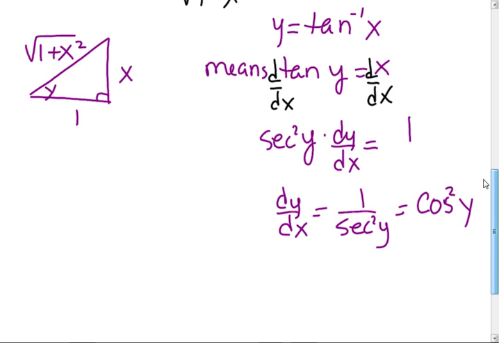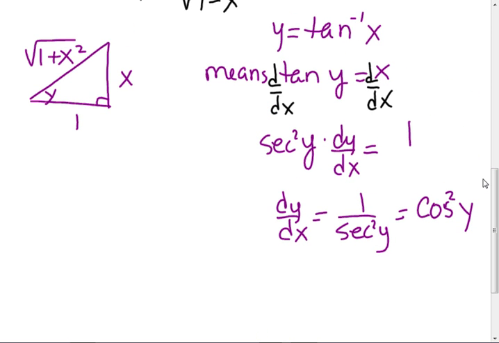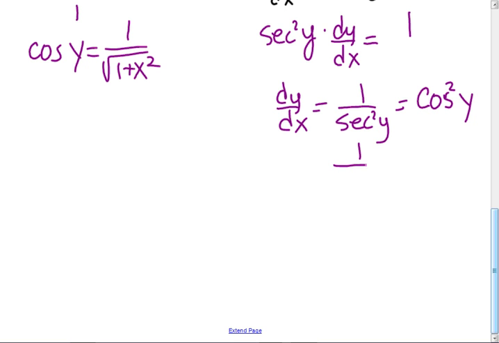What's the cosine of y from over here? The cosine of y is 1 over the square root of 1 plus x squared. So, what's cosine squared? It's that fraction squared.